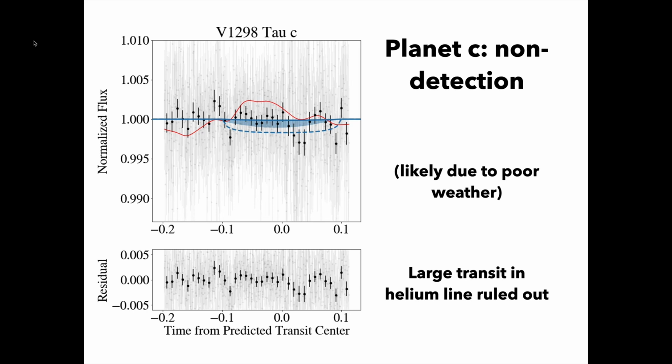I've also shown a baseline model for how the star and the weather evolve over the night in red. You can see that the model, the solid line, doesn't really indicate that we detected a transit at any confidence. This is kind of disappointing, and it's probably due to poor weather, which, sometimes you get unlucky. But at the same time, we can definitely rule out a very large transit in the helium line, which is an important result in and of itself.